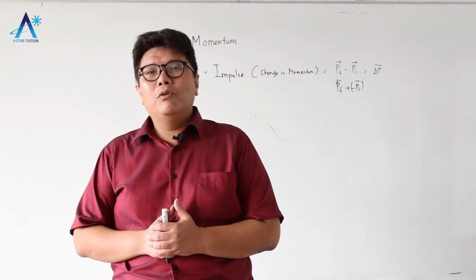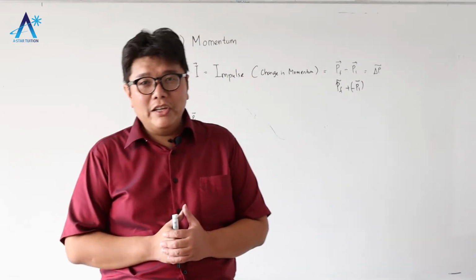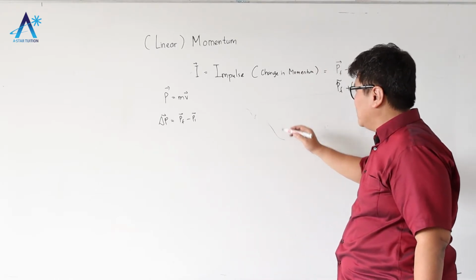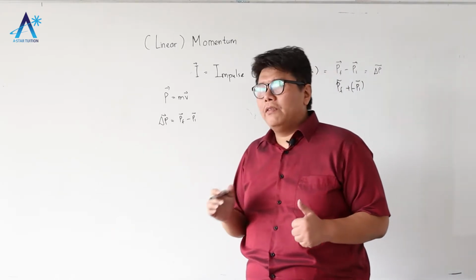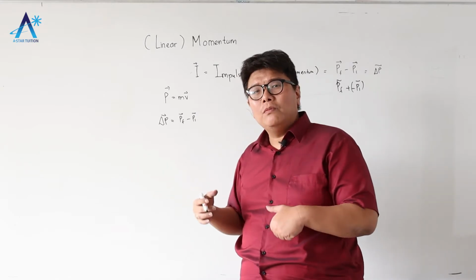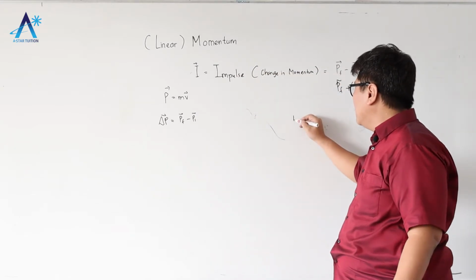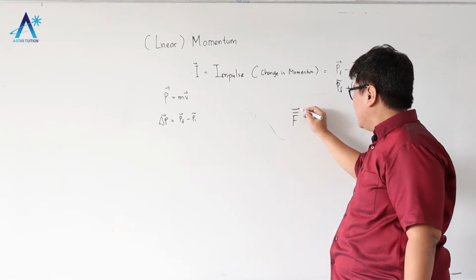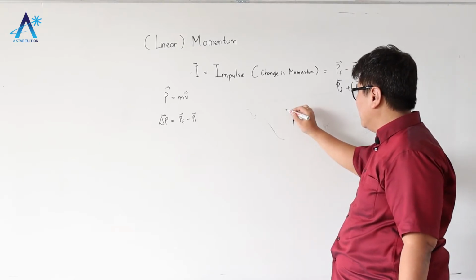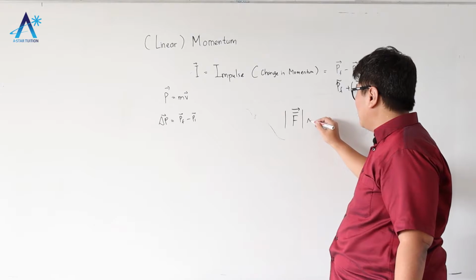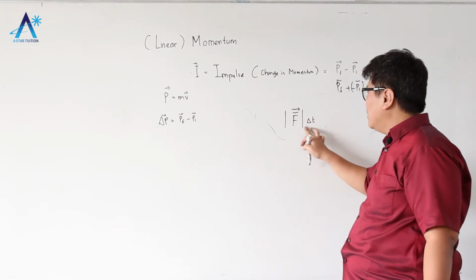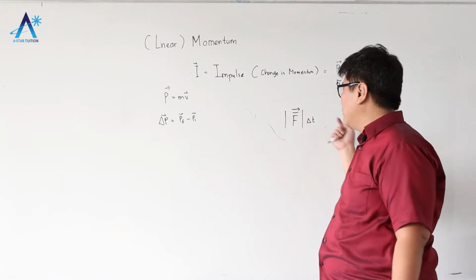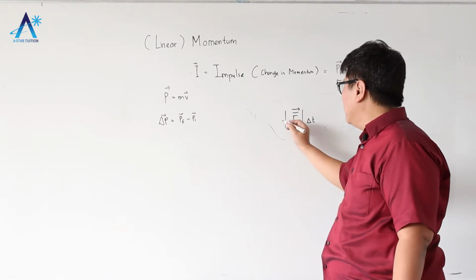Next, we will learn how to calculate the change in momentum, or impulse. If the magnitude of the average force during which momentum changes is known, in other words, F average is given, you multiply by how long the momentum changes from one value to a new value.